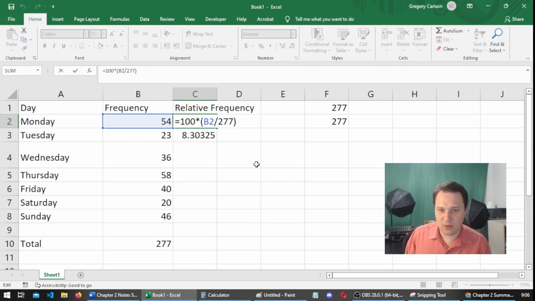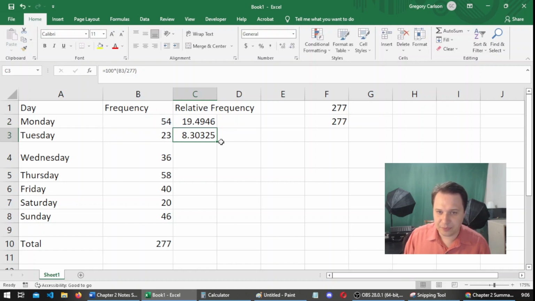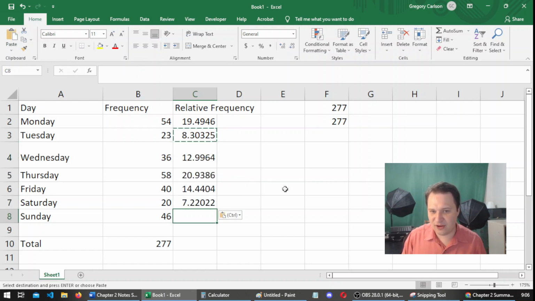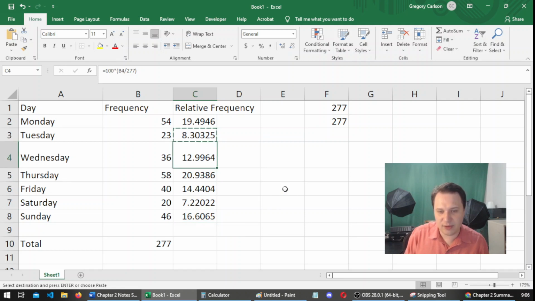So notice it says B2 right there, and here it says B3. And I can copy that formula for every single one of these numbers. The way I did that was I just copied the formula again with Control C, and then Control V, Control V, Control V, Control V, Control V, and I have all of the rest of the percentages.